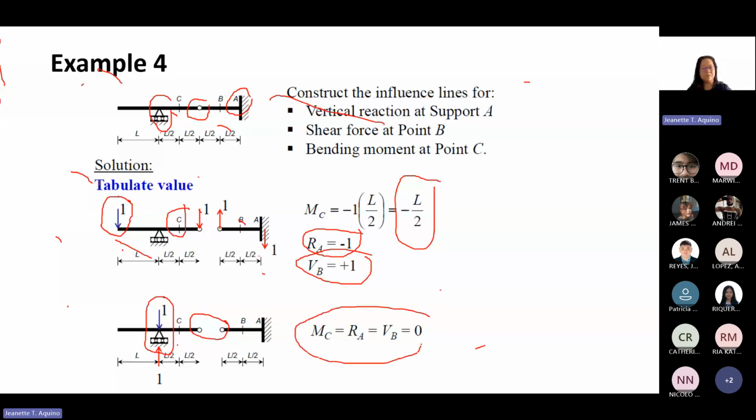Okay. Then if your load is at point C, okay, so this one.